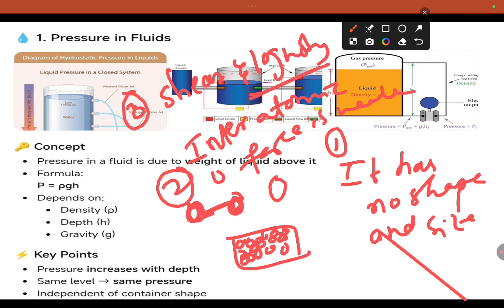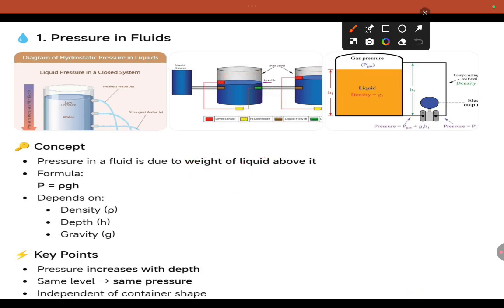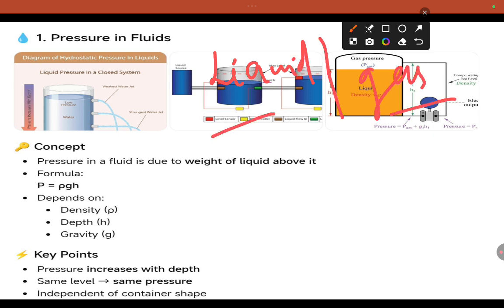That is about the stress character along the length. So these are a few properties related to the fluid. Fluid is nothing but liquid and gas. Both have the ability to flow.